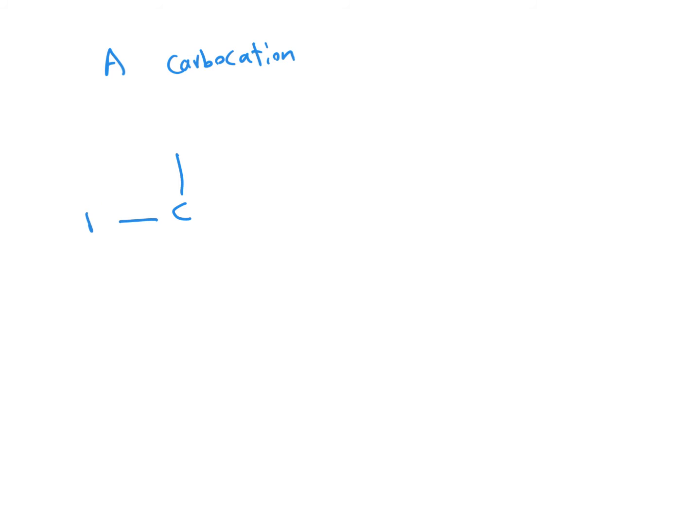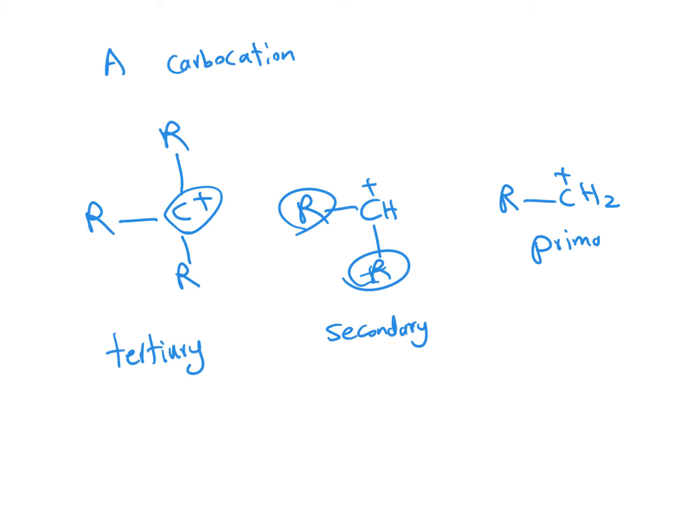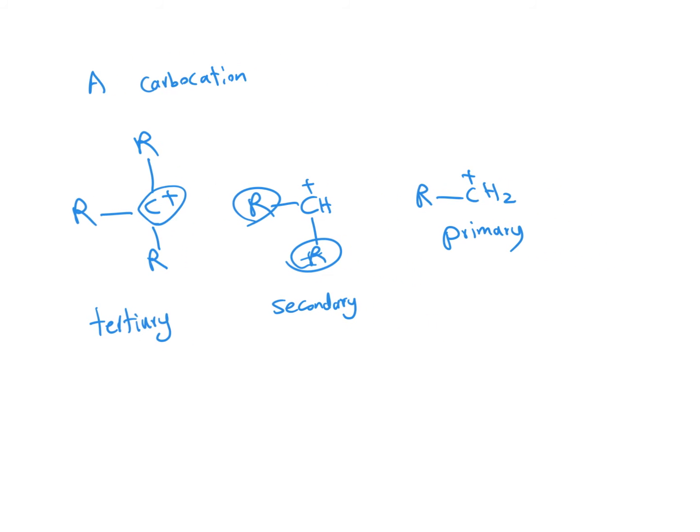Depending on how many groups this positively charged carbon is attached to, we call that tertiary; if it's attached to 2 groups and 1 hydrogen, we call that secondary; and if it's attached to just 1, we call that primary; and if it doesn't attach to any R group, we call that methyl.